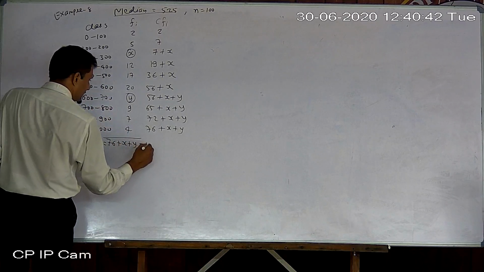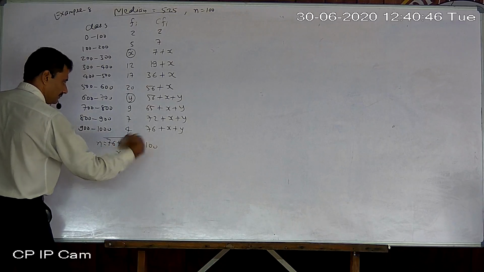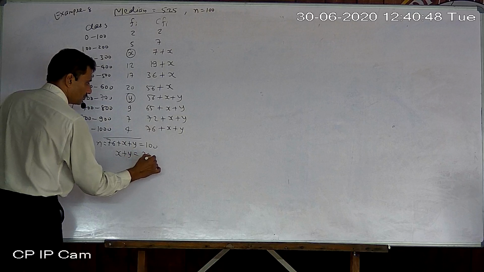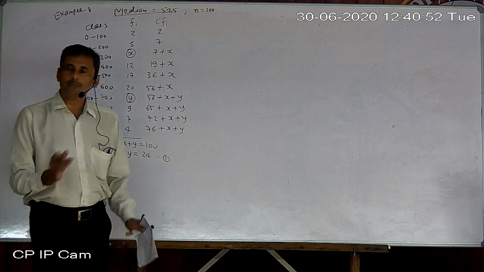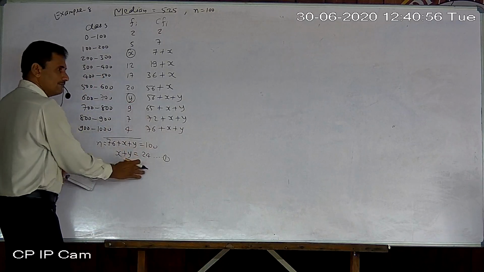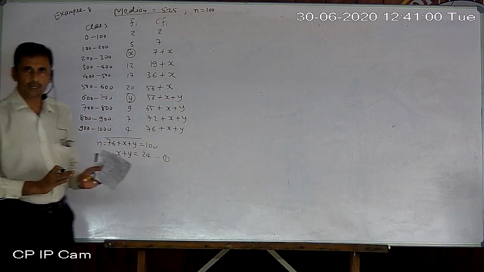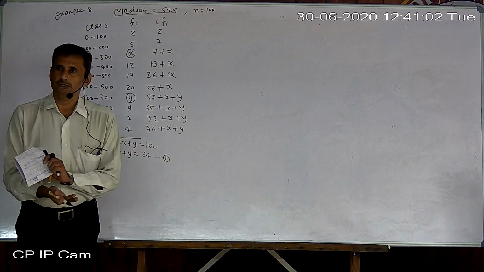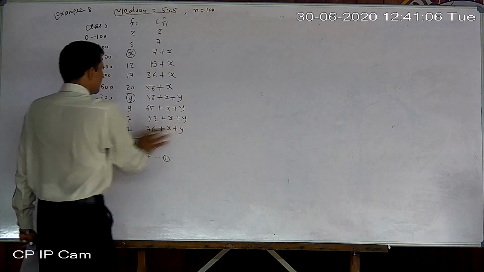So write down here, equal to 100. So it will become x plus y equal to 100 minus 76, so 24. That is equation number 1. We will use it later on after finding any one frequency. So just like the mean sum, we found equation number 1 by comparing counted and given sigma fi or n.